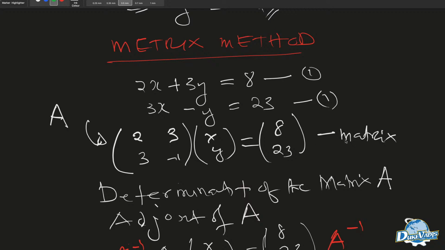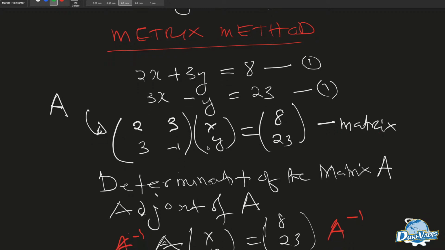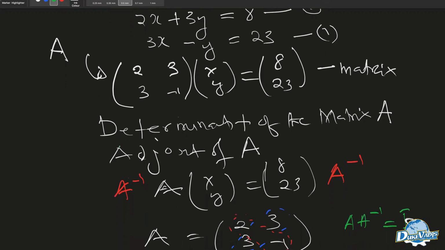So this is a matrix equation, and we select 2, 3, 3, negative 1 to be the matrix A. Our first step in solving the simultaneous equation is to find the determinant of the matrix A and also find the adjoint.